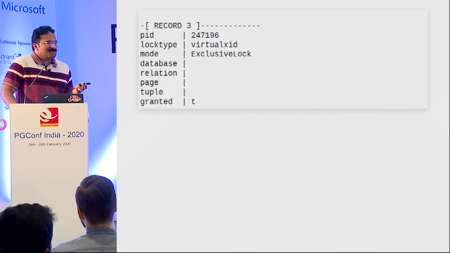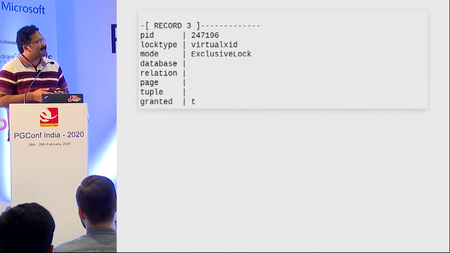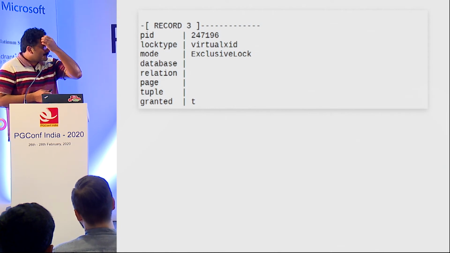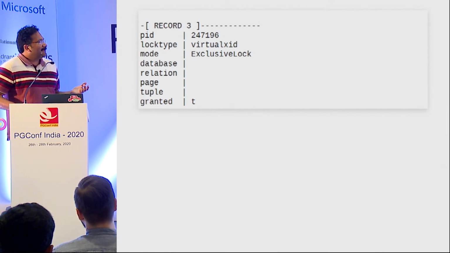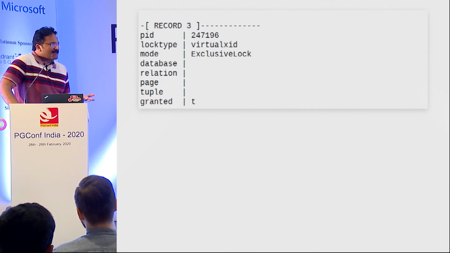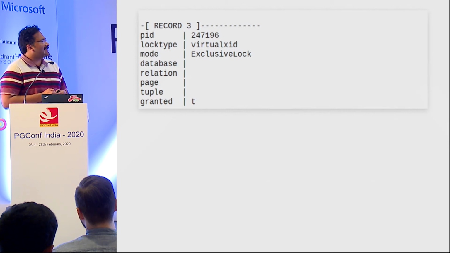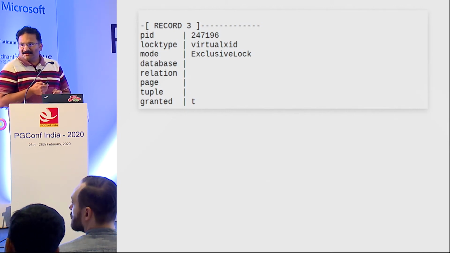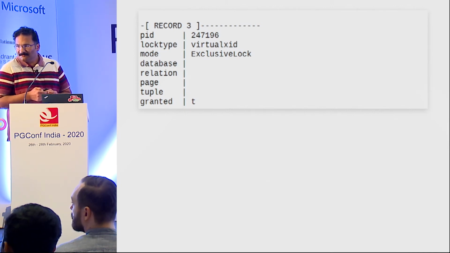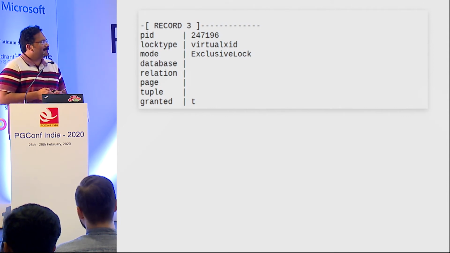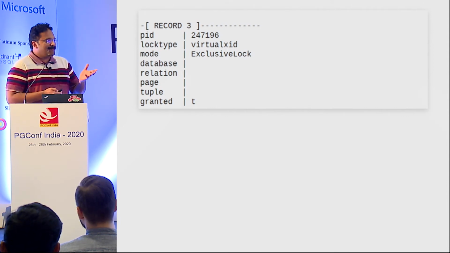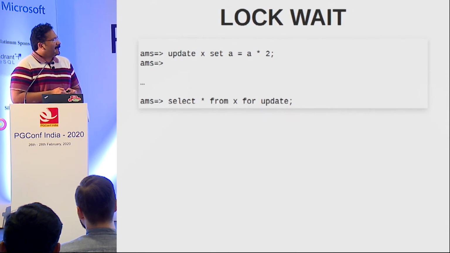So many of the entries in pg_locks, if you have many transactions running, will follow this pattern. They'll have a lock type of virtualxid. The mode will be ExclusiveLock, and it'll be granted to the process that's running that transaction. The reason for having these locks will become clear in the next example.